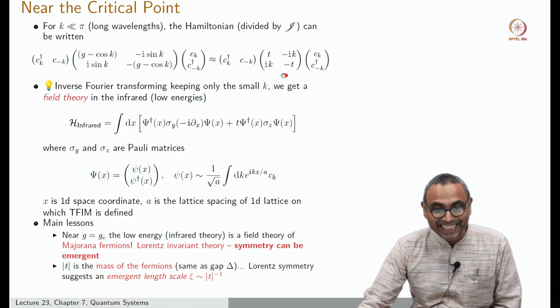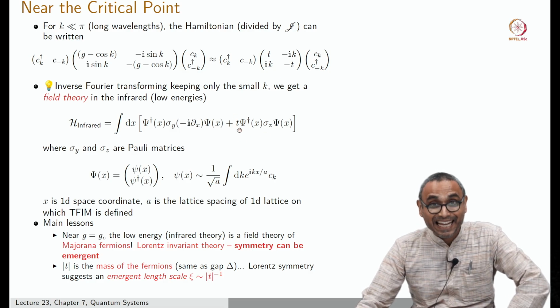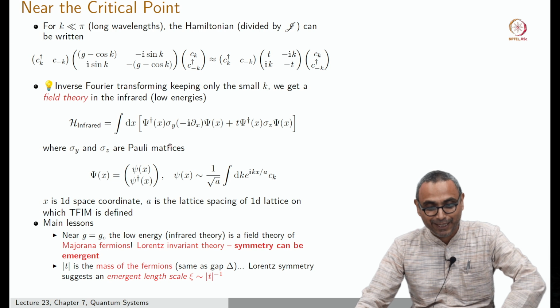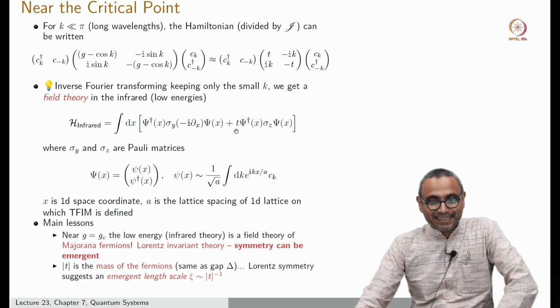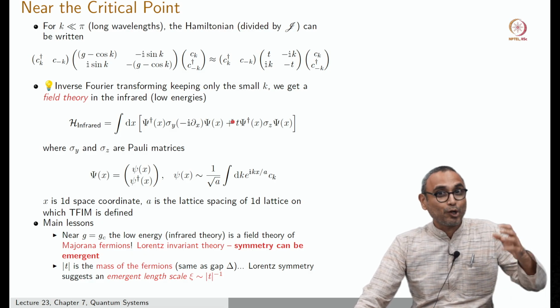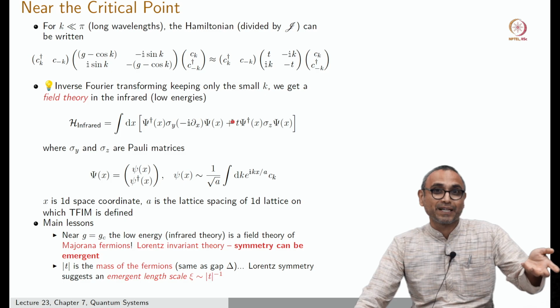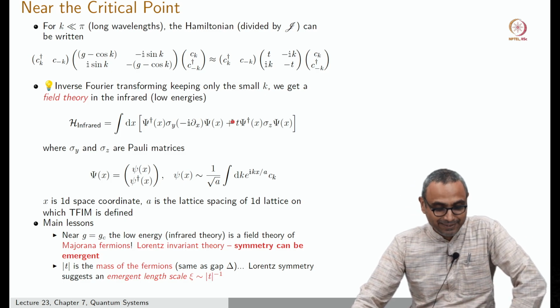There is this T term, which is the distance to the transition, and you can see that it acts like the mass of these Majorana fermions. If a fermion has a mass, then it also has an associated Compton wavelength, or another way of saying it is that there is a length scale associated with that.